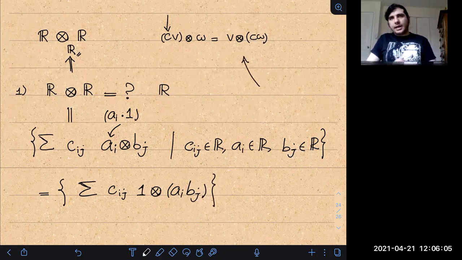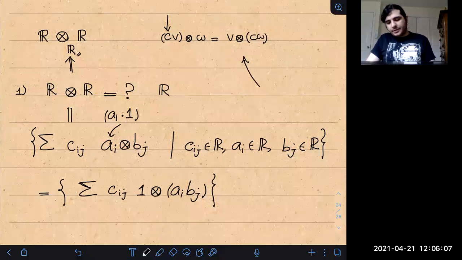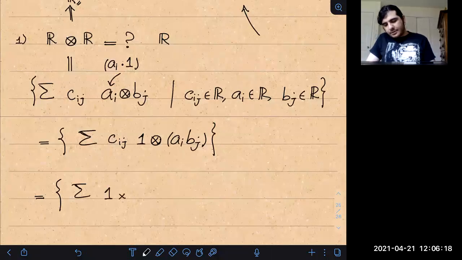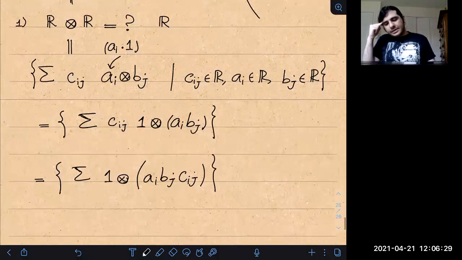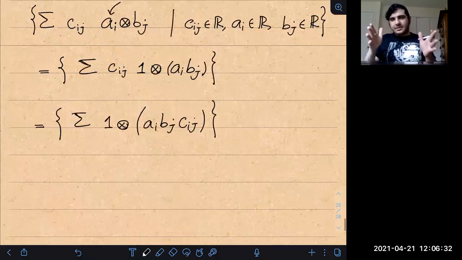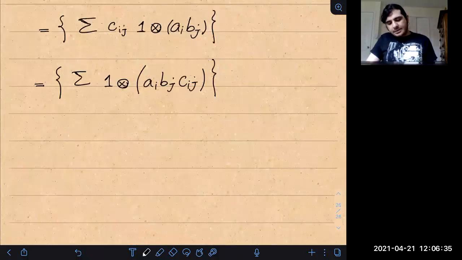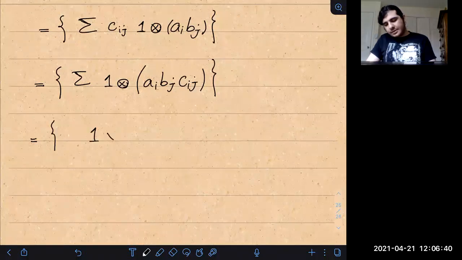Using this rule, I sent Ai to the other side. It would be sum of 1 tensor Ai Bj Cij. Because all of these terms have 1 as their first component, the sum is only over the second component, so the sum should also come here: Ai Bj Cij.